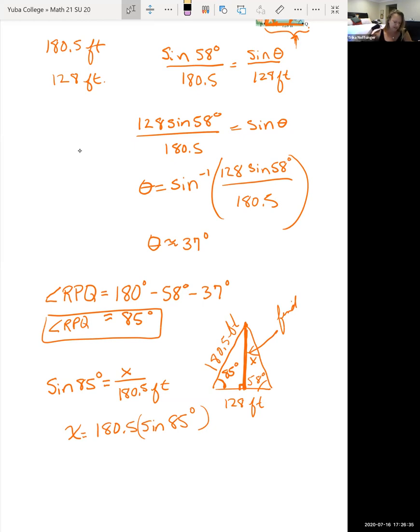So that gives us x is approximately 179.8 feet, or if we round it, 180 feet.